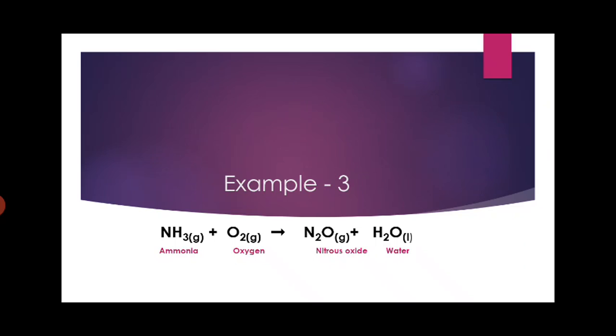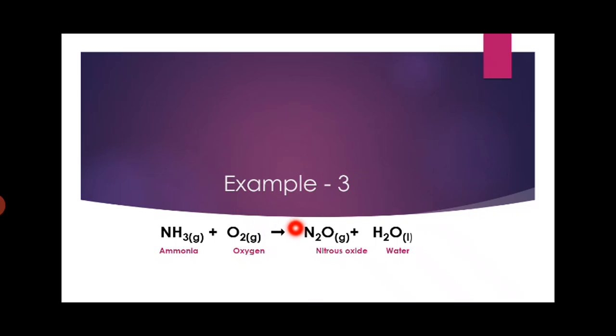Consider another example. Ammonia reacts with oxygen to form nitrous oxide and water. It is used as an anesthetic in industry and surgery. Count the number of each atom on the reactant as well as on the product side.